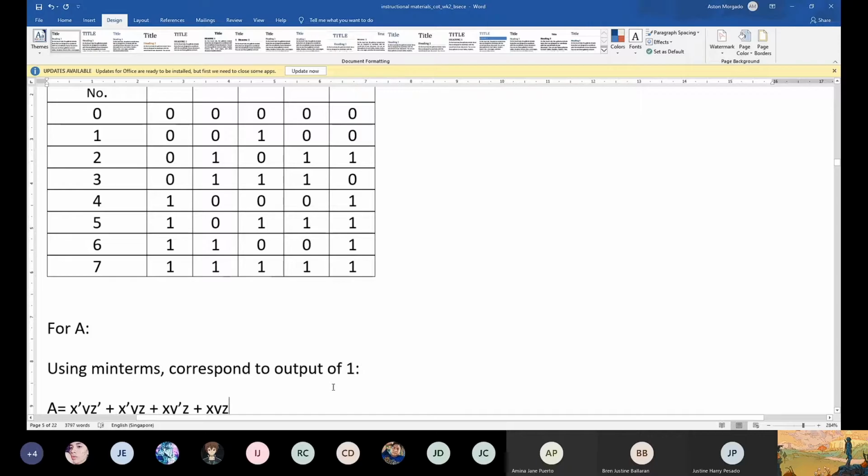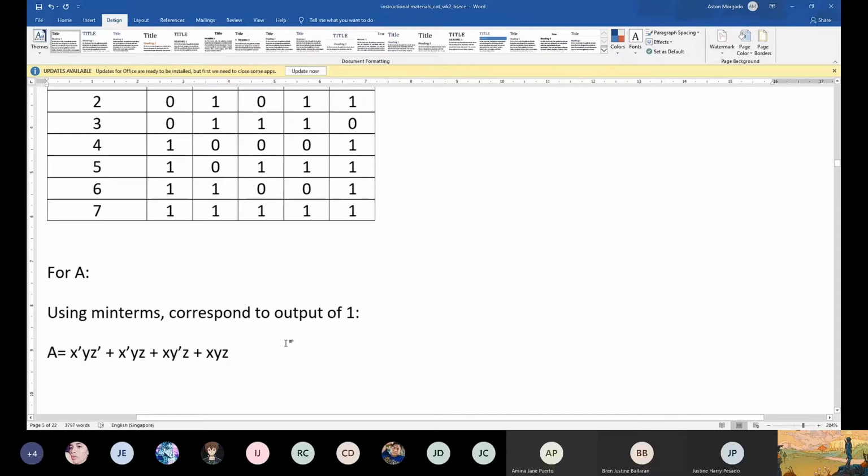So it's simply equal to x prime y z prime, plus x prime y z, plus x y prime z, plus x y z. Okay? Are we done? So this is now the equation using Minterms. We call these terms.